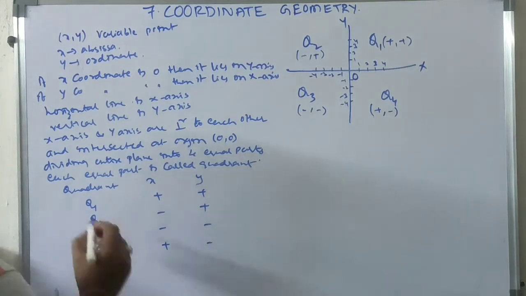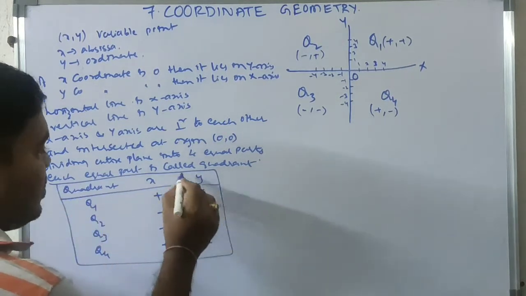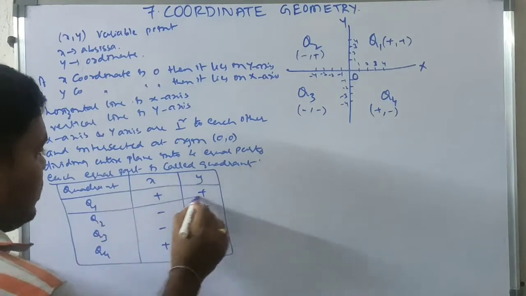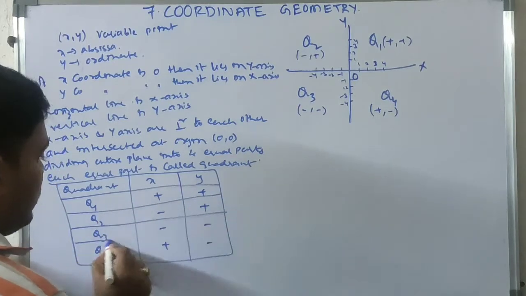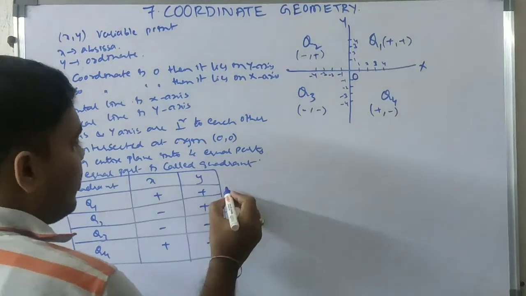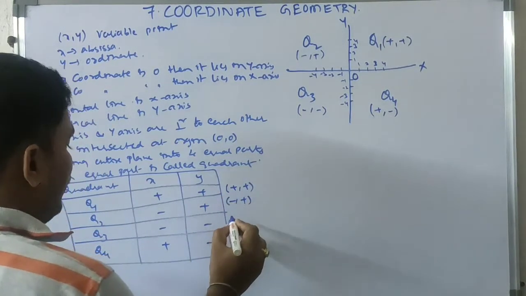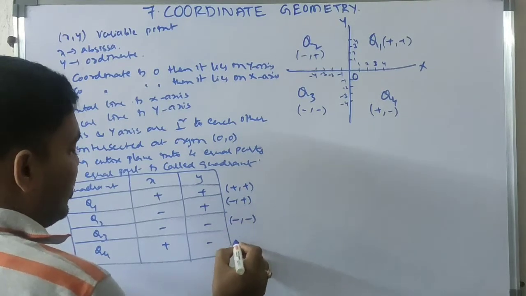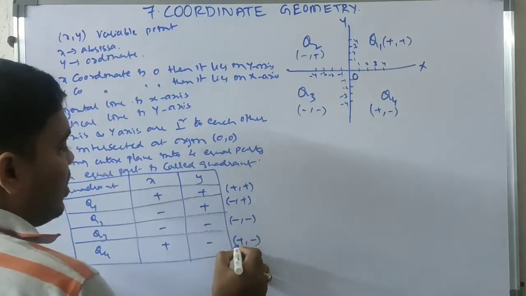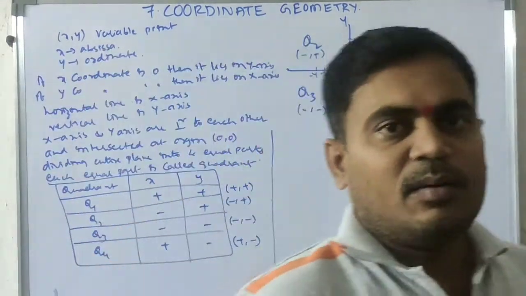These are the signs of quadrants. We must know: Q1 plus comma plus, Q2 minus comma plus, Q3 minus comma minus, Q4 plus comma minus.